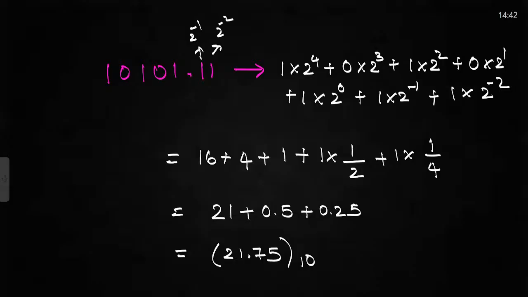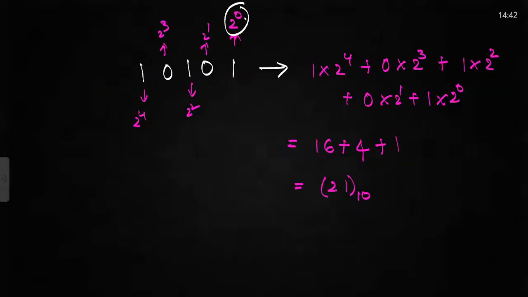Now we will understand the weights. What do we call these? We call these the weight of the position. The first position from the right side is the lowest position.